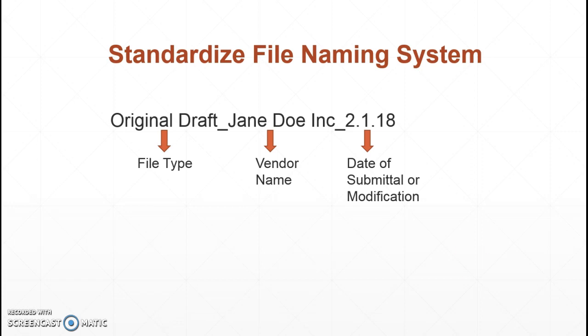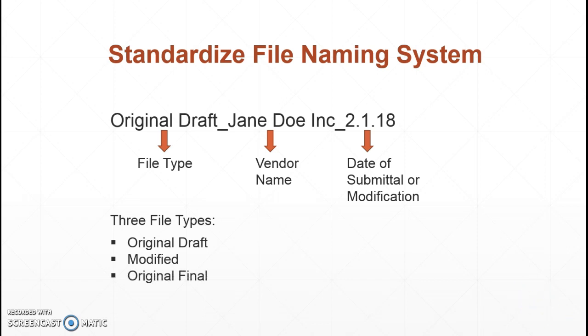There are 3 file types. Original draft describes the original agreement sent to ERM initially. Modified describes a modified contract. And original final describes an original final agreement which has been approved by all parties.